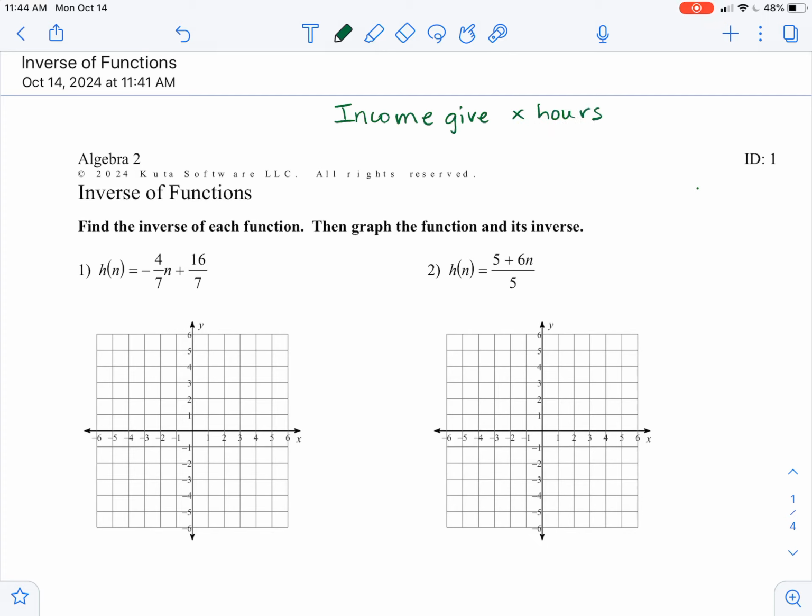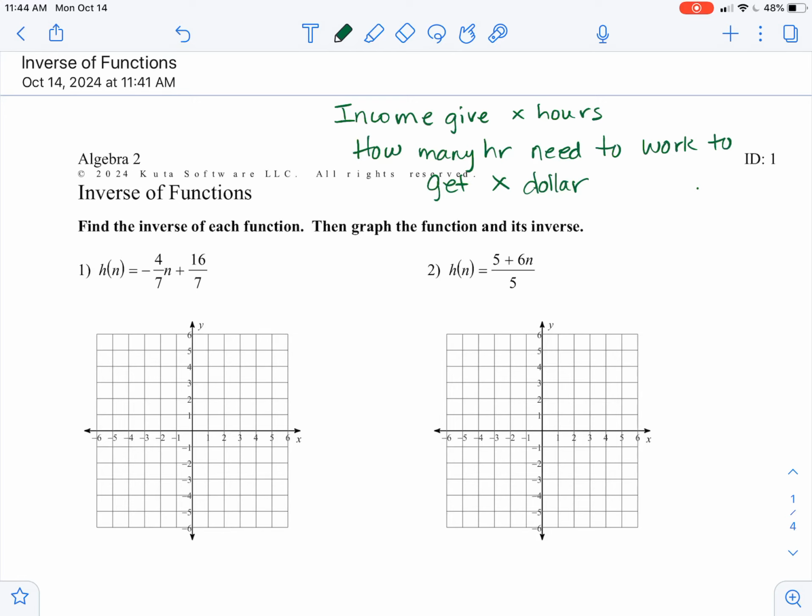Well, the inverse is saying how many hours do you need to work to get X dollars. So it's just, again, just as it sounds, it's the inverse. So we're switching what we're given and what we're looking for. So that's kind of what we're talking about for inverse.